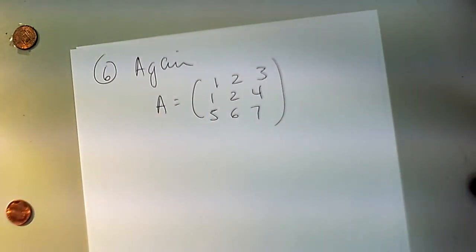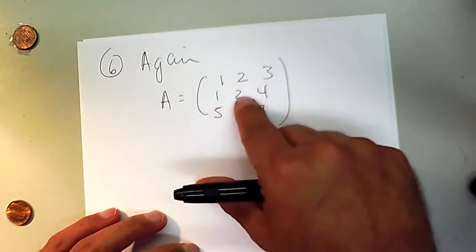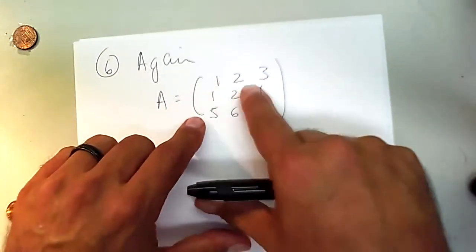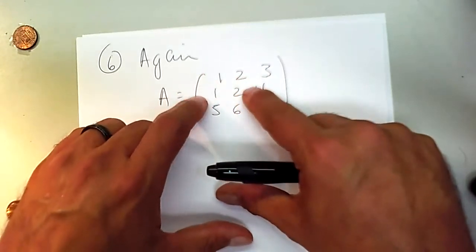Okay, so instead, we can think, oh, there's two 2s. That's going to mess up the 1 here. We can sort of anticipate that this little bit, the 1, 2, and the 1, 2 are the same. Actually, they don't even have to be the same.